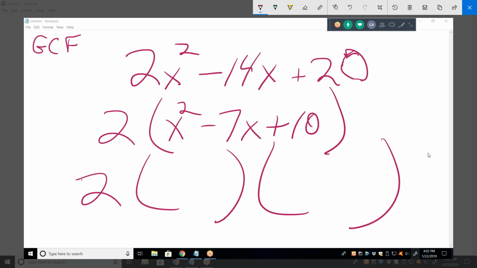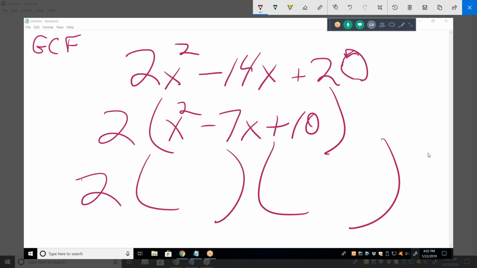Now, what's the first step? I want you to learn this in steps because you will not believe how much easier factoring will become if you learn the proper steps. And every single quadratic you have, I want you to use these steps. What's step 1? Yes, factoring is a process.